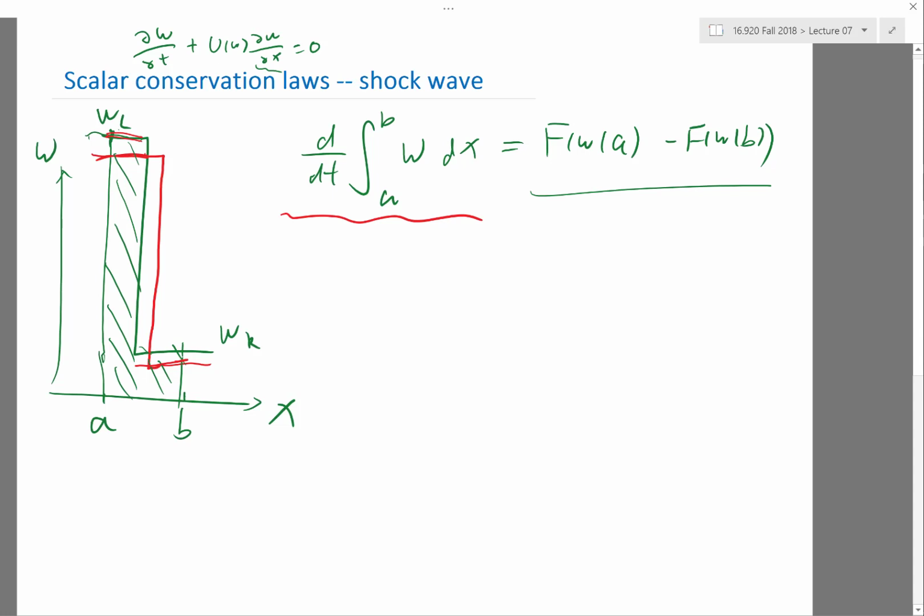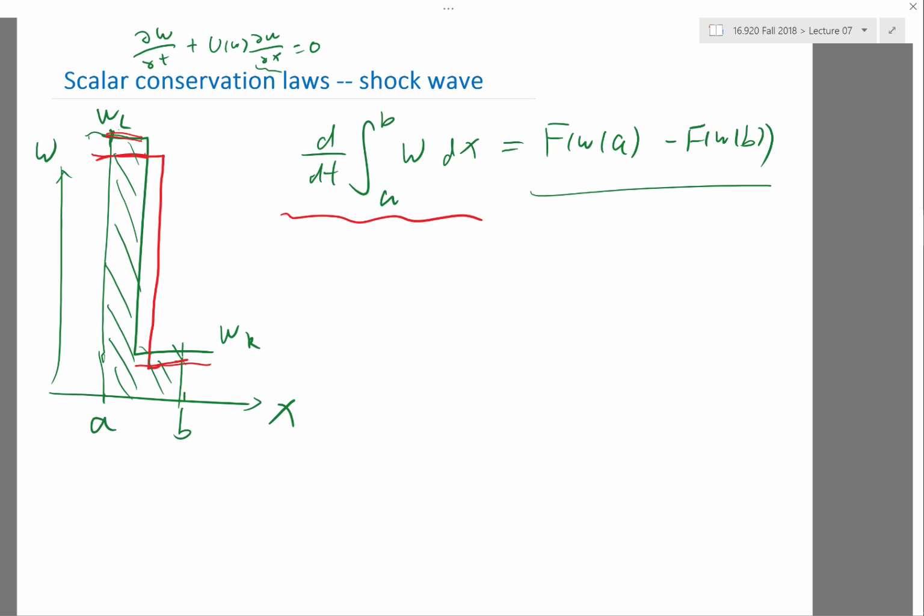That's right. If I am truly taking a very infinitesimal interval, then the movement of WR and WL is going to cause an area change proportional at most to the rate of change of WL or WR times the size of the interval. If the interval is small, that contribution is small compared to the movement of the shock multiplied by the magnitude of the shock.